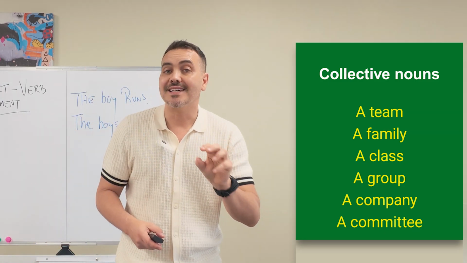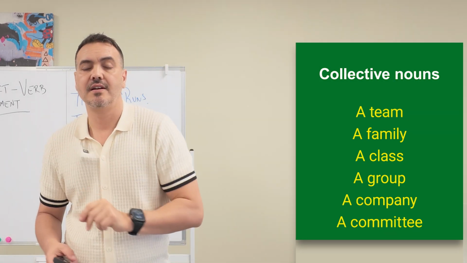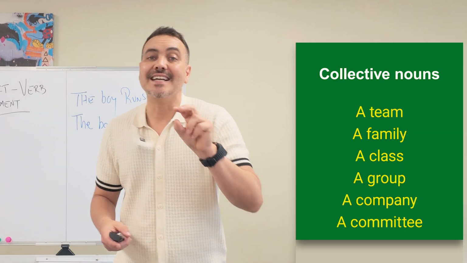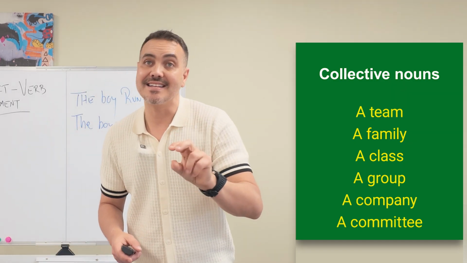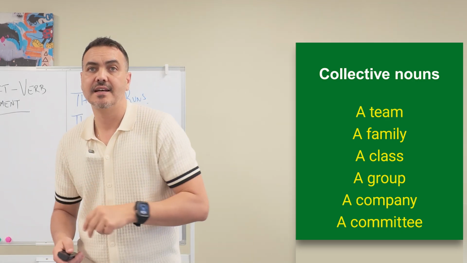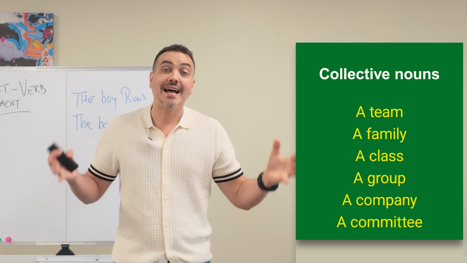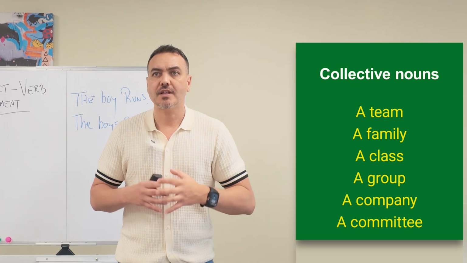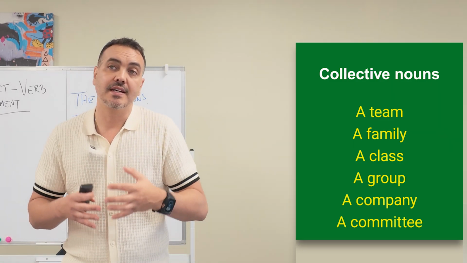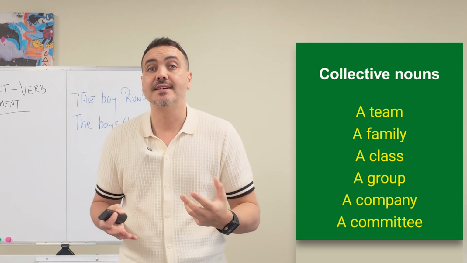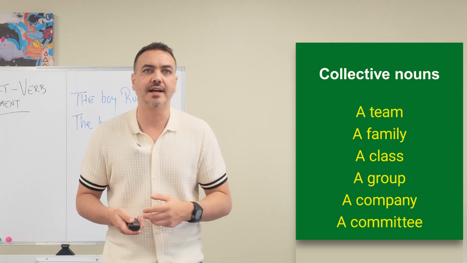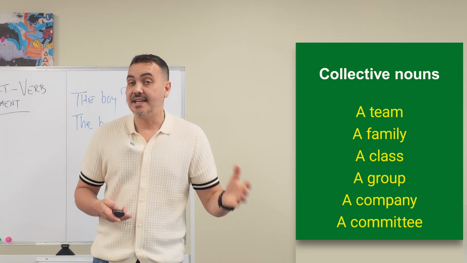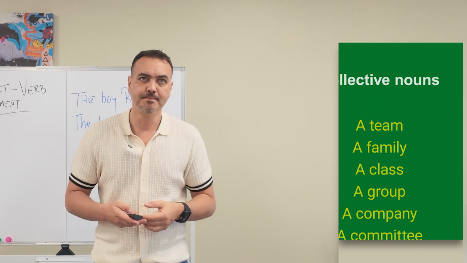The family lives here. The class begins at 9. The company has many employees. Even though a team has many people, the word team is one group. So we use a singular verb, okay? The team is ready, not the team are ready.